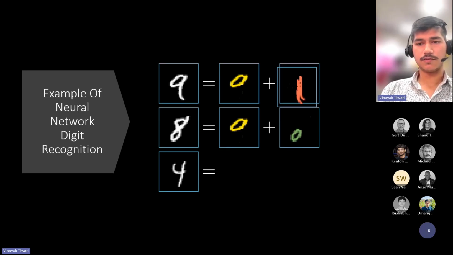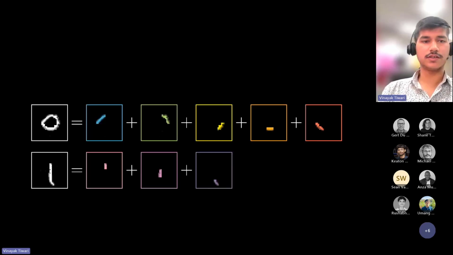So how does the neural network know which digit this is? It will break it down into pieces. So here is the further part of the digit 9. The first sphere will consist of this much part, as you all can see, and the line will contain this part.